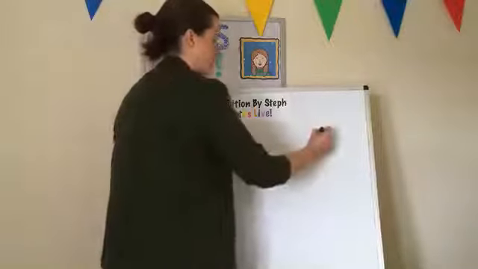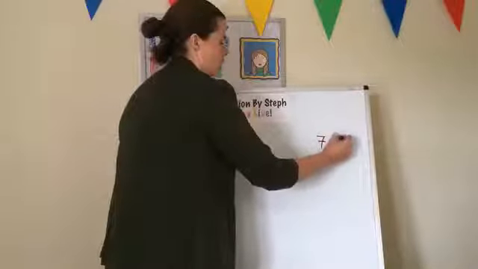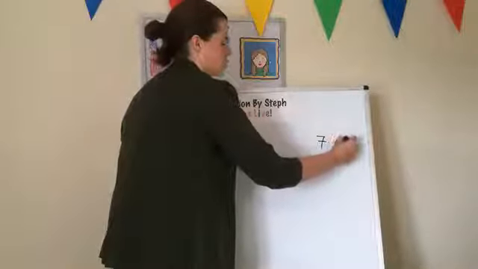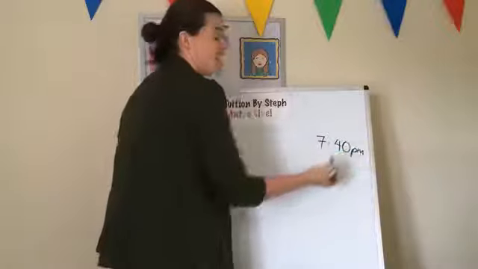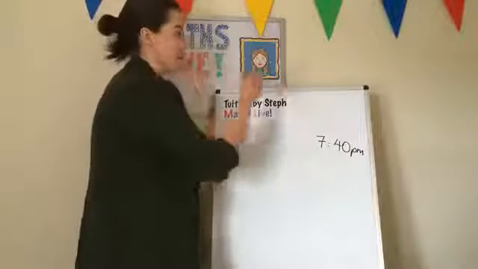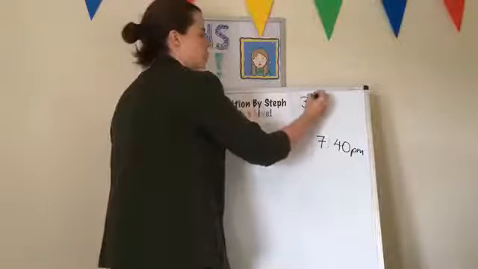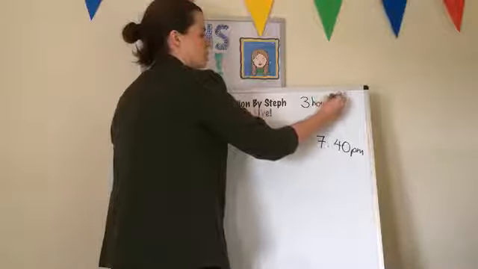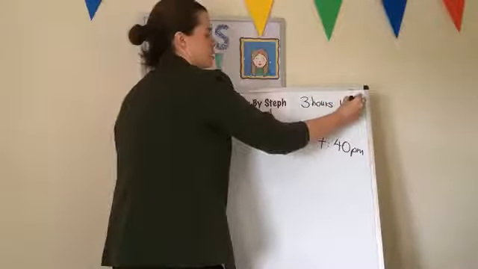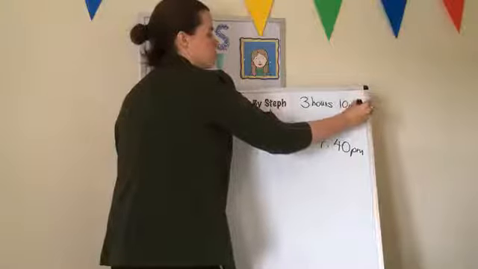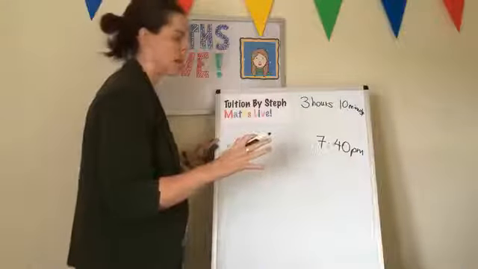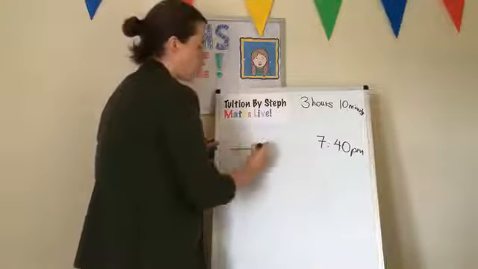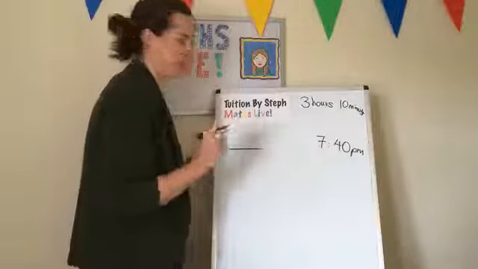He's leaving a party at 7:40 p.m. and he's been at that party for 3 hours and 10 minutes. What time did he arrive at the party?